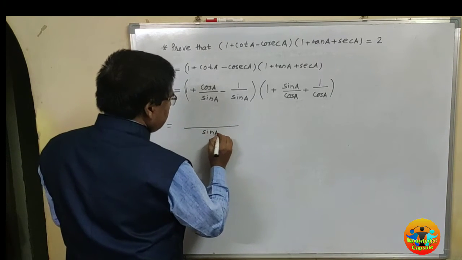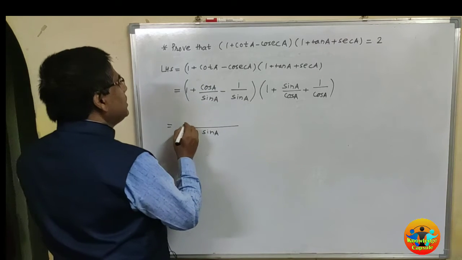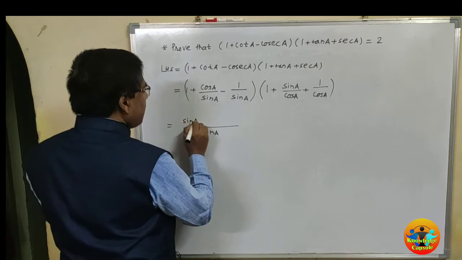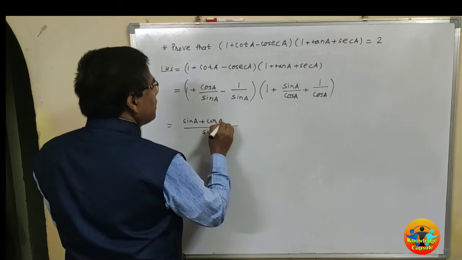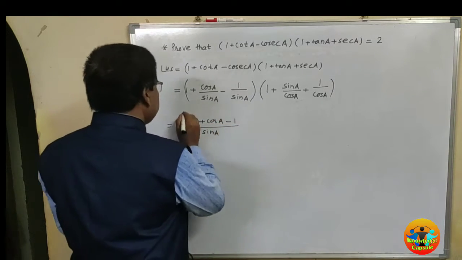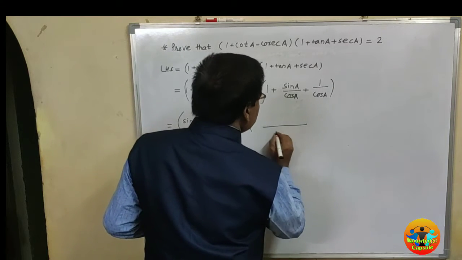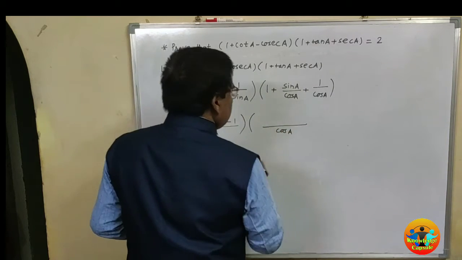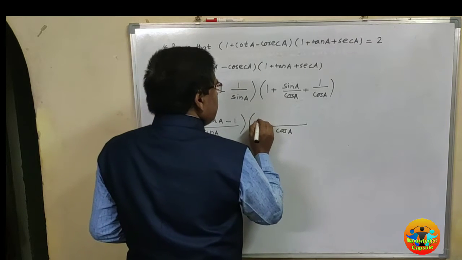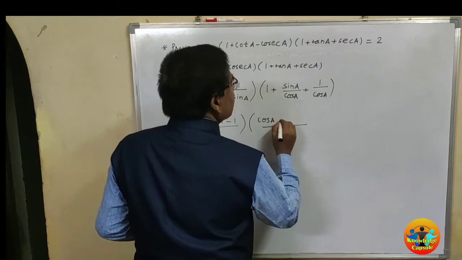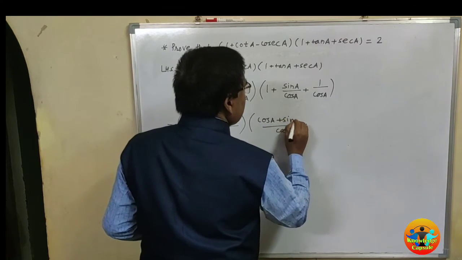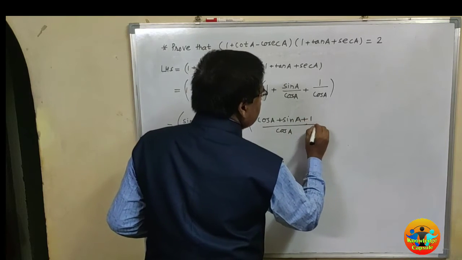Sin A, in the numerator we will get sin A plus cos A minus 1, into, here we get cos A as LCM. In the numerator we get cos A plus sin A plus 1.